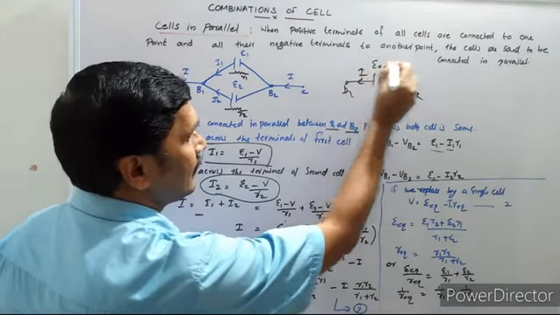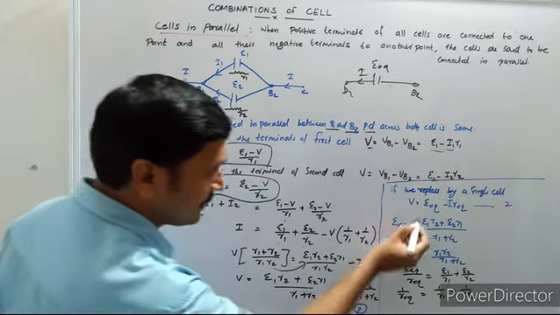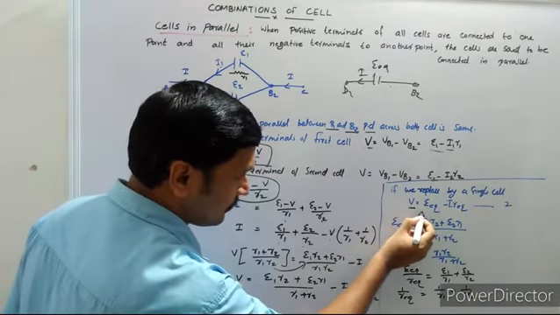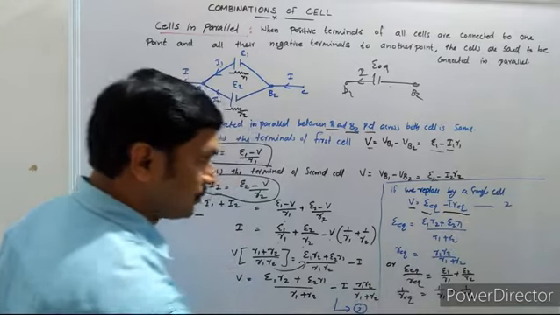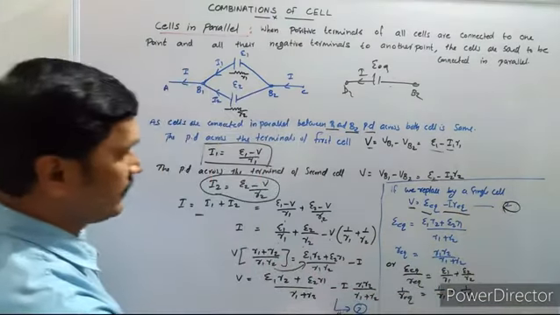Say I is the current drawn from the combination. So we can write V is equal to E equivalent minus I into R equivalent. Call this equation 2, and the earlier one equation 1.